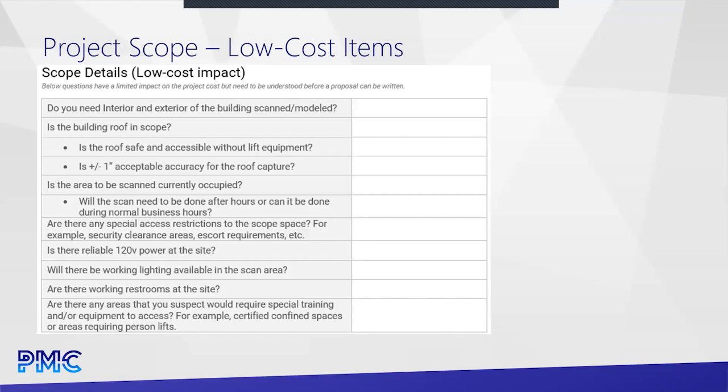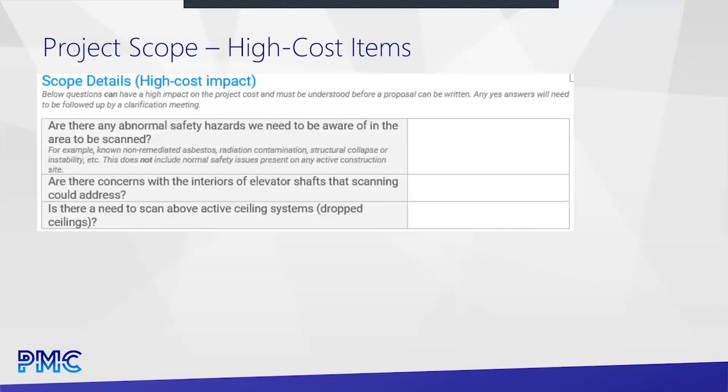So we can capture everything up high unless there's things blocking our view, right? A scanner can't go through anything. It's a line of sight tool. So do we need to bring in lift equipment to get up above something to see down on top of it? We need to know that because all that's got to be budgeted. Right. Lastly, some high cost items.